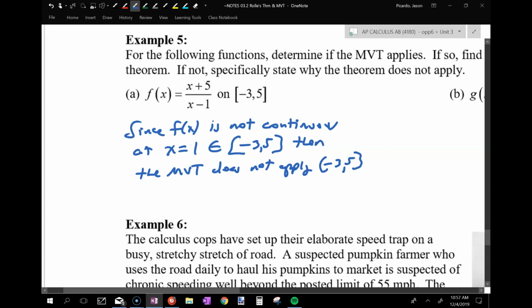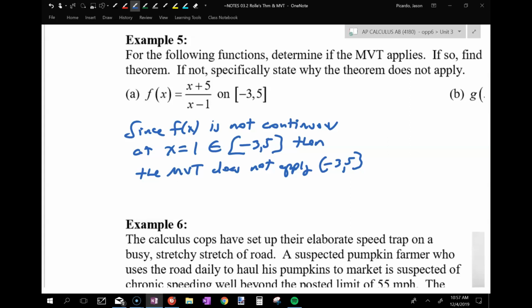The mean value theorem applies somewhere else. Precisely. Yep.